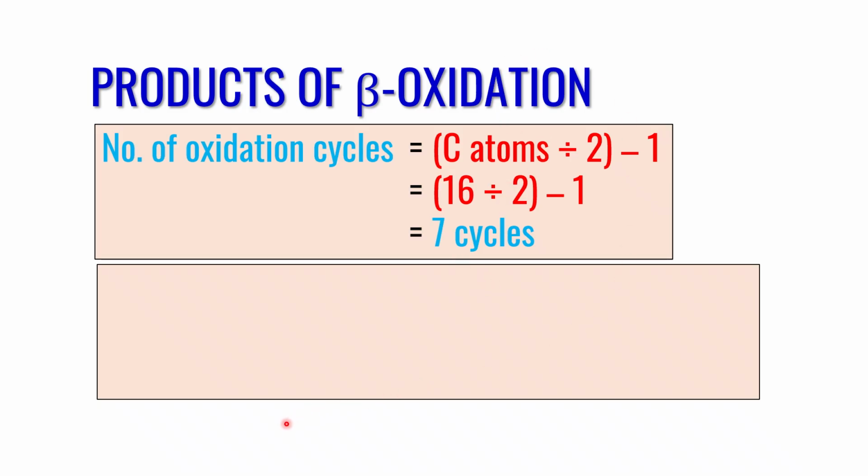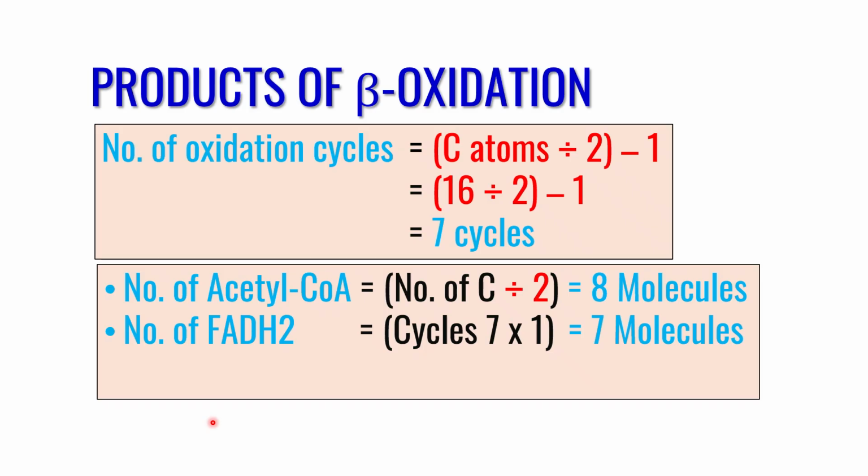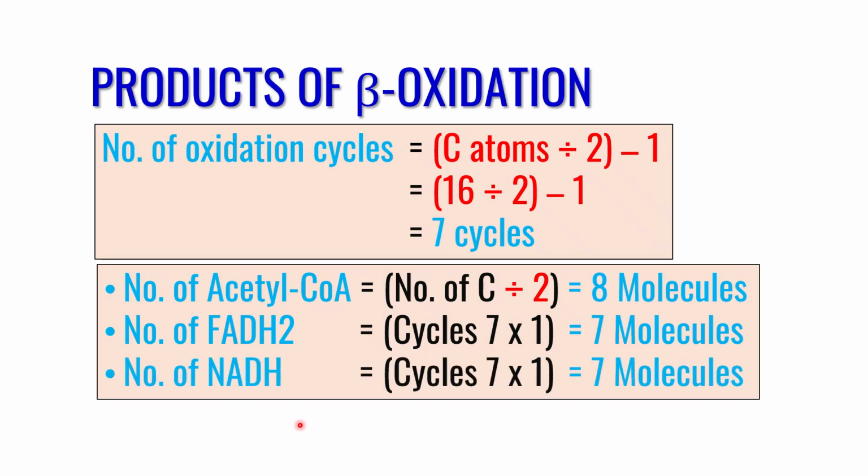You can also calculate the number of acetyl-CoA by dividing the number of carbon atoms in a given fatty acid by 2, which comes out to be 8 molecules for palmitic acid, and the number of FADH₂ and NADH can be calculated by multiplying the number of cycles by 1, which comes out to be 7 molecules each.